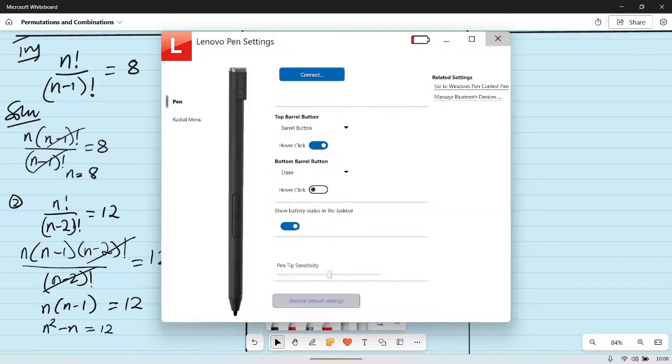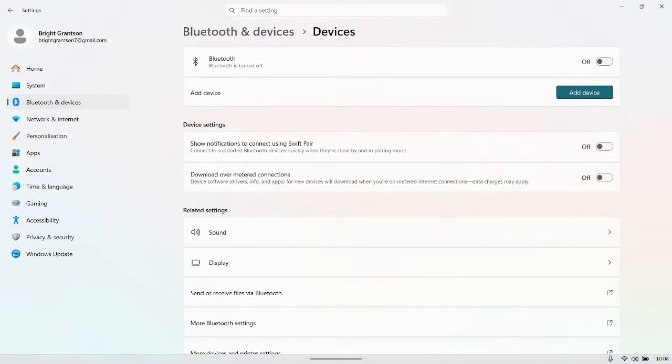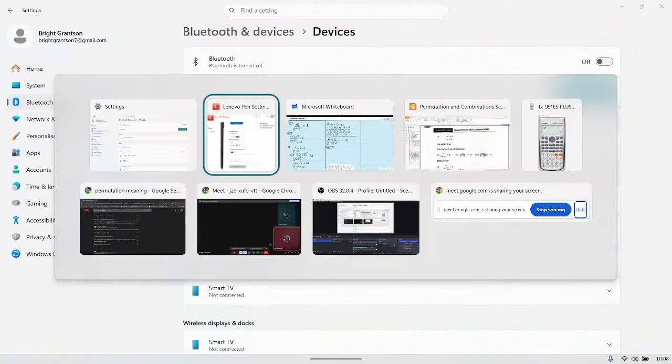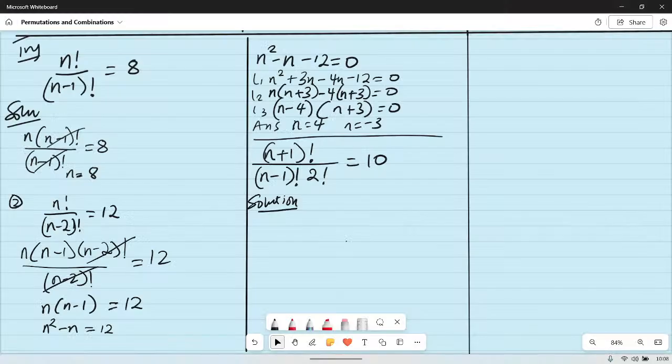Cool. Use this. Let's finish. We'll finish now. So let's solve it. Hurry up.